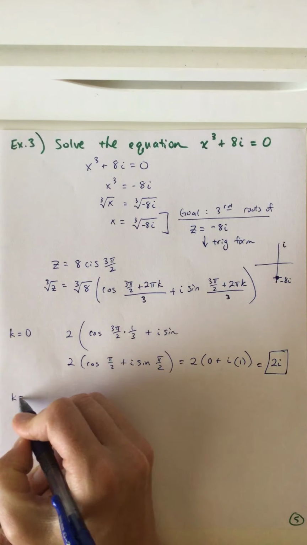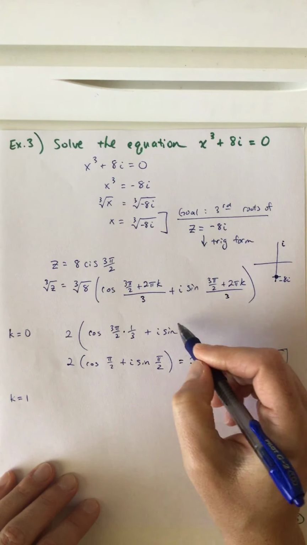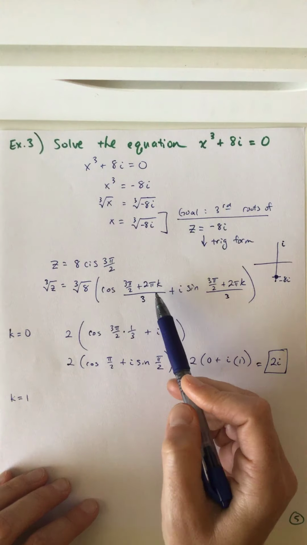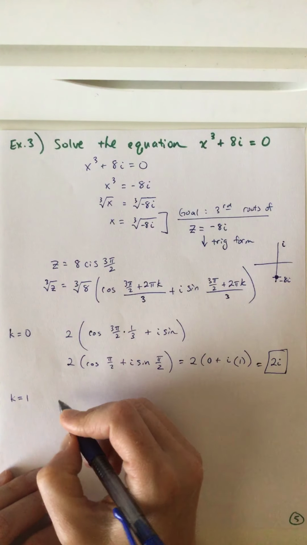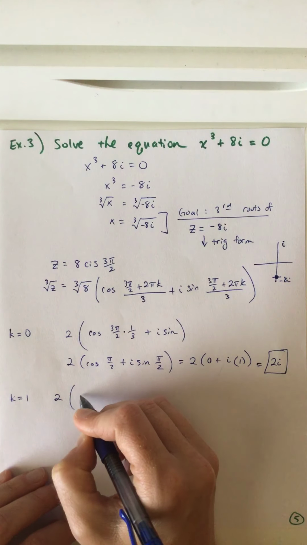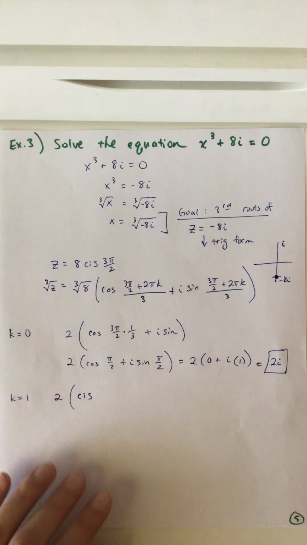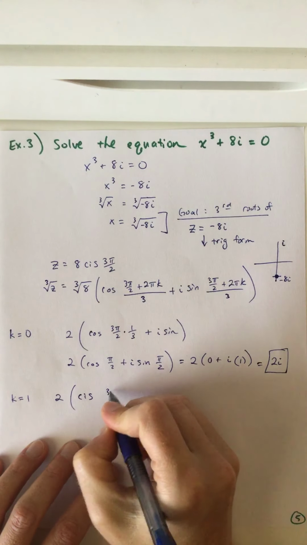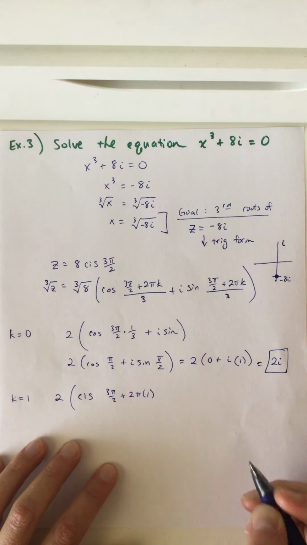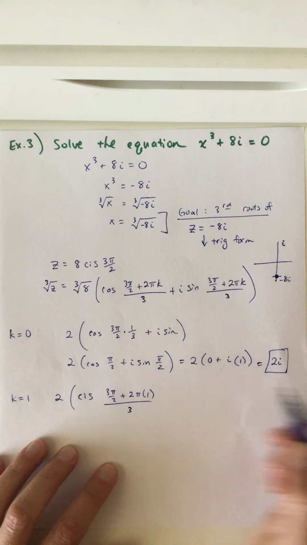Then we've got to use k equals 1. Thinking about plugging in 1 for k, we've got 2 times, I'm just going to write cis for now to simplify the angle, 3 pi over 2 plus 2 pi times 1 for k, all over 3.